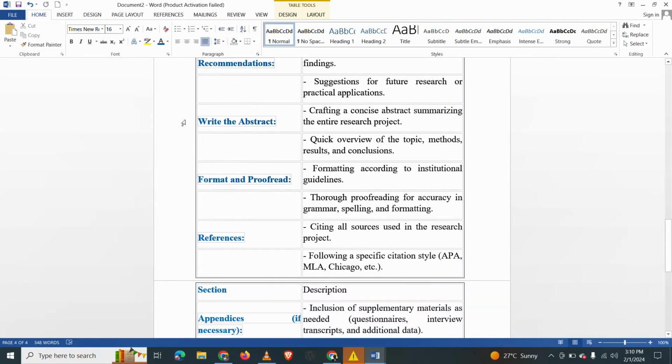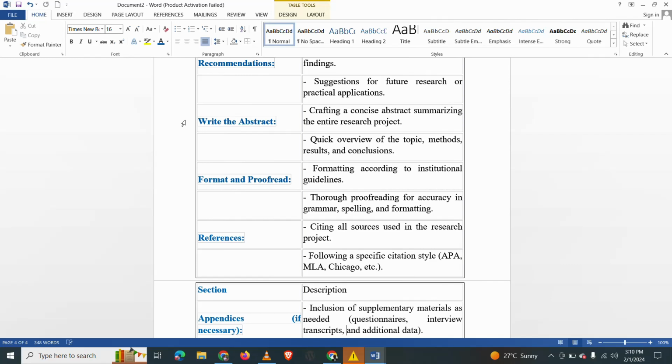Now, where you're supposed to place your abstract is dependent on the guidelines that you have been given. There are those who will consider that you do the abstract at the beginning of the research project. There are those who prefer that you do the abstract after you are through, as it should come as the last writing. So a concise abstract is crafted to summarize the entire research project.